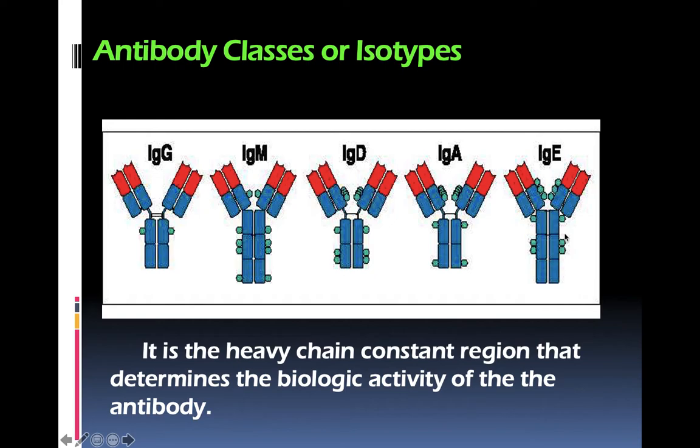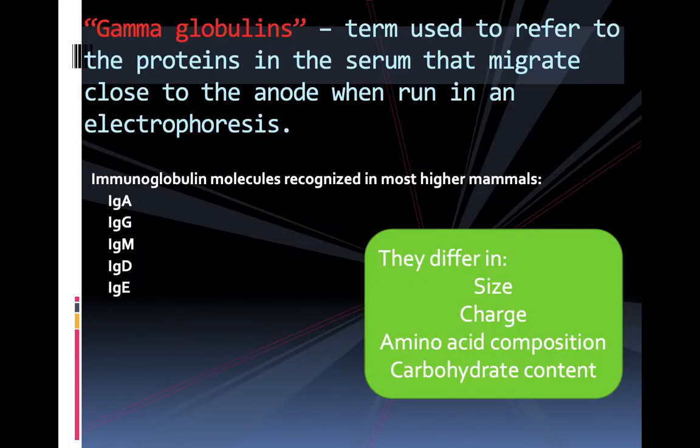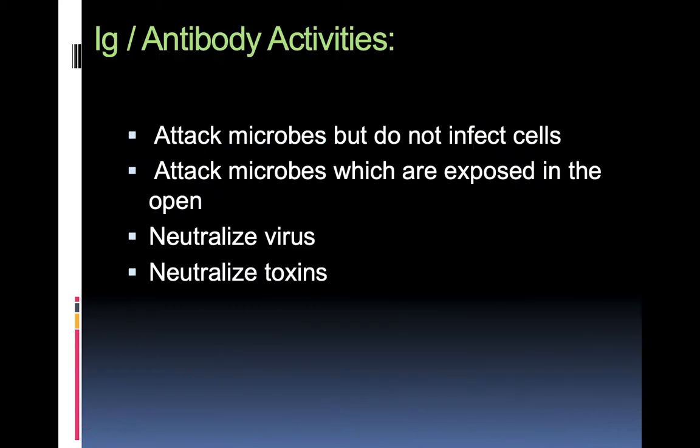Antibodies in higher mammals, as I've already mentioned, are enumerated here. Aside from their compositional differences, they also differ in terms of their total size and total charge, essentially because of the chemical complexity. In general, all of these five antibodies may function as follows.